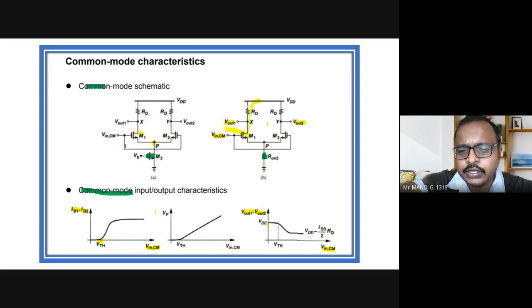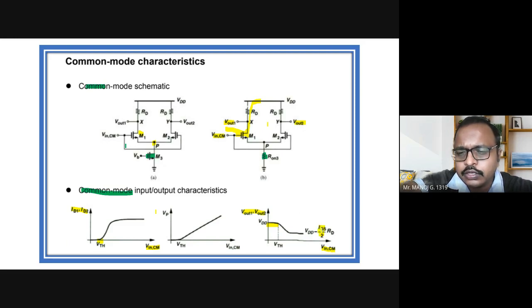So it will be VDD till the threshold voltage is reached. Once the threshold voltage is reached, there would be a current flowing from ID into RD and the resistance value. So this device will set on. Once the device is set on, they will amplify and send a current. That current is nothing but your ISS by 2 into RD.